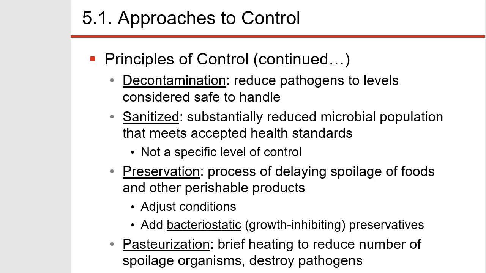Preservation: the process of delaying spoilage of foods and other perishable products. When we're talking about food storage, we put a lot of chemicals in our food to make sure that it has a nice shelf life. We have canning of foods. We add salt to a lot of foods to preserve them, or we add sugar.